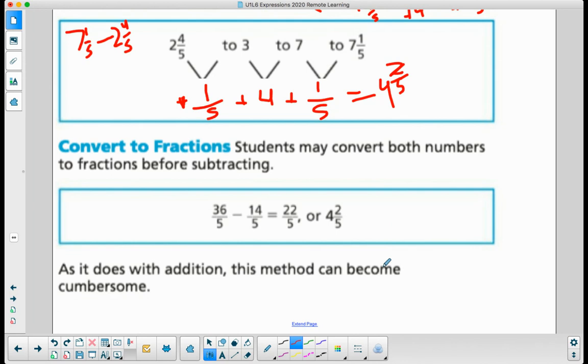A final way that some students do it is they convert both numbers to fractions before subtracting. Now, if you look, I end up having some pretty big numbers. All right. How do we do this? They had 7 and 1/5 subtract 2 and 4/5.